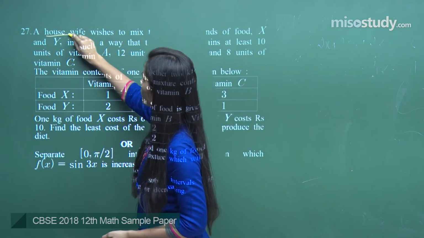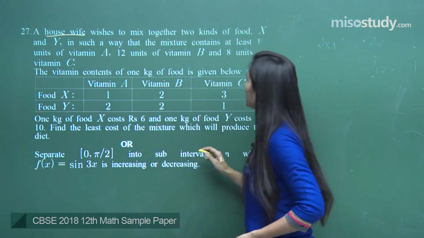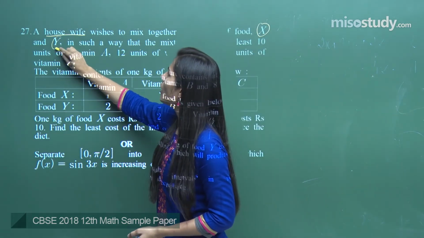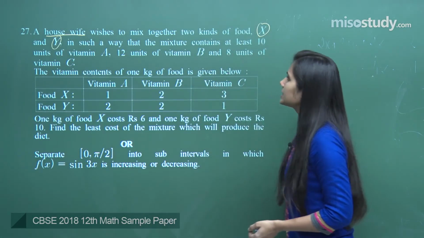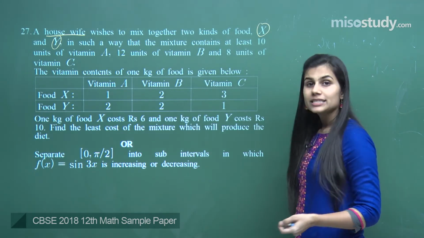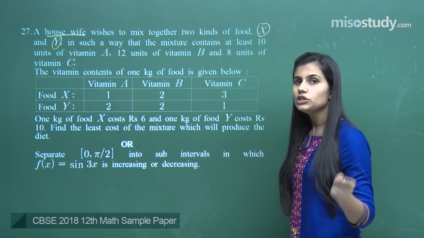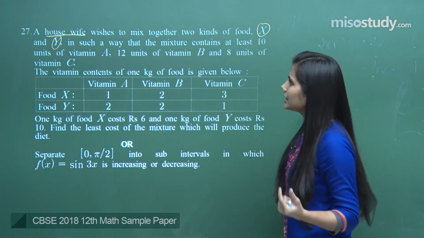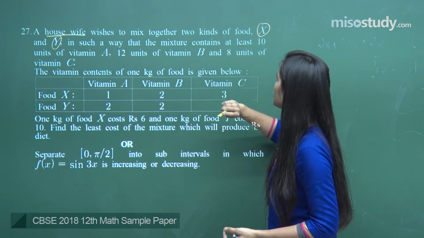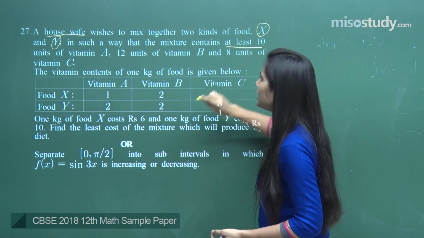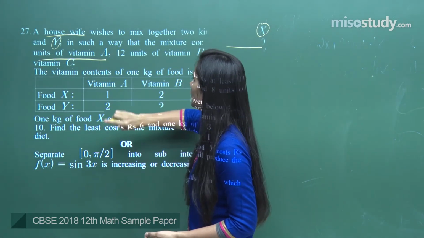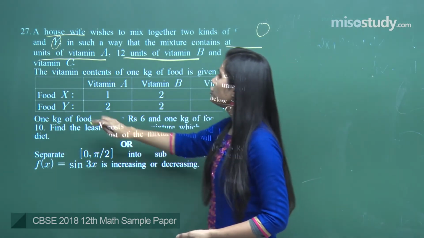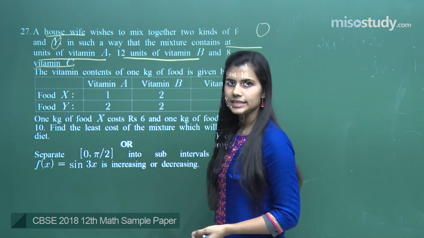There is a housewife who wishes to mix together two kinds of foods. So X is a kind of food, Y is another kind of food, in such a way that the mixture contains at least 10 units of vitamin A, 12 units of vitamin B, and at least 8 units of vitamin C.